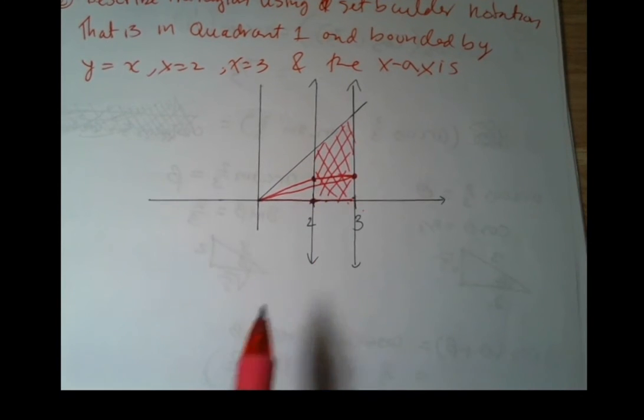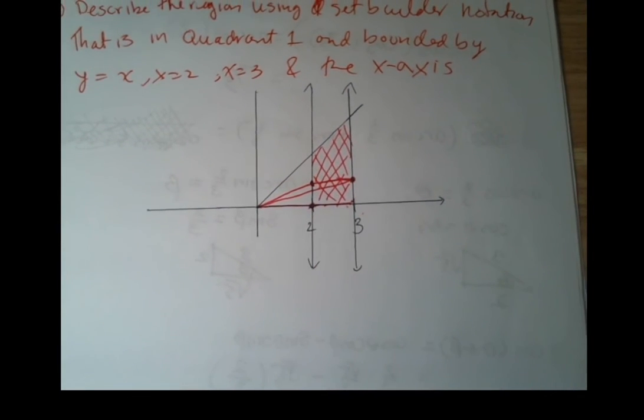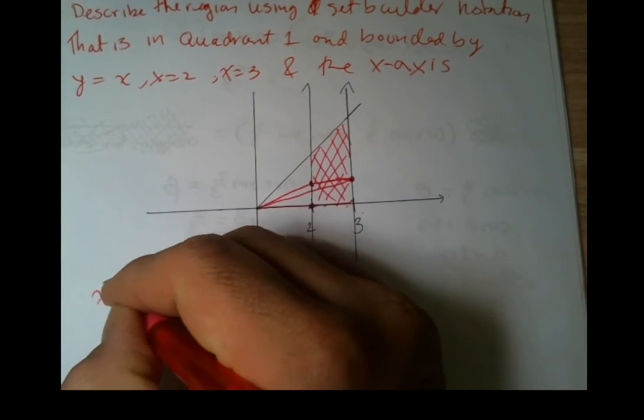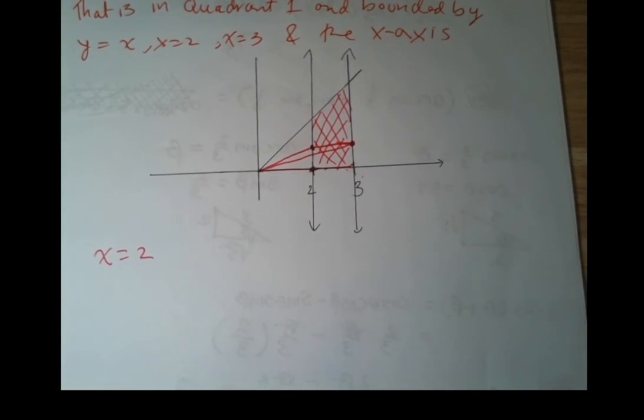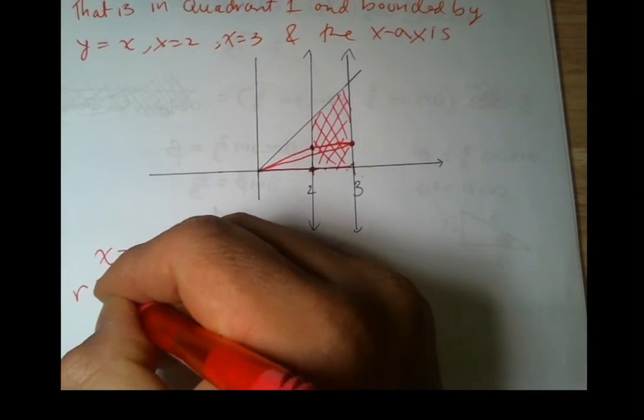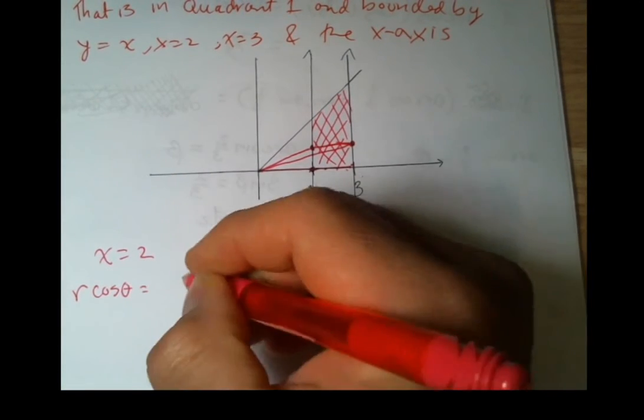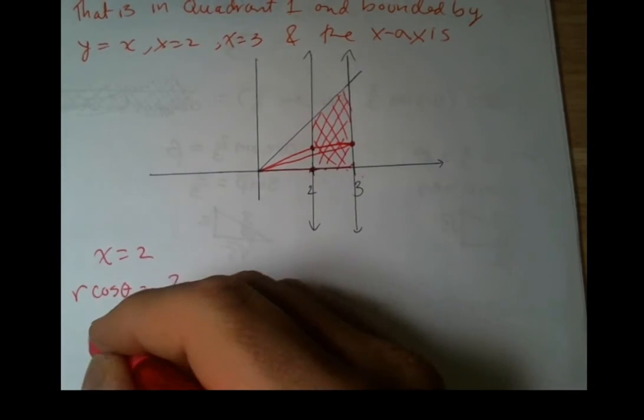Well, let's look at x equals 2 and some of our polar coordinate transformations. When we transfer from Cartesian to polar, I can use the substitution x is r cosine theta. I can divide by cosine.